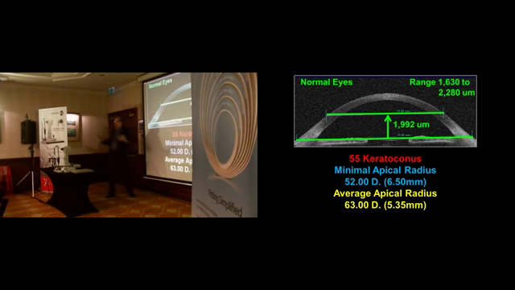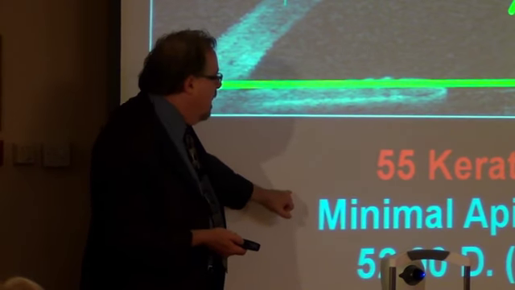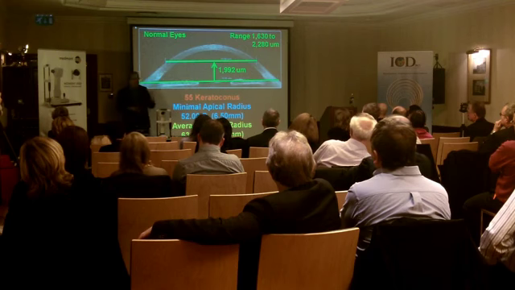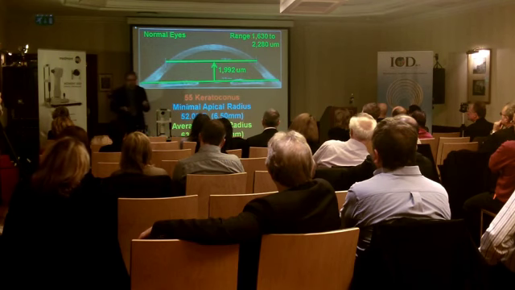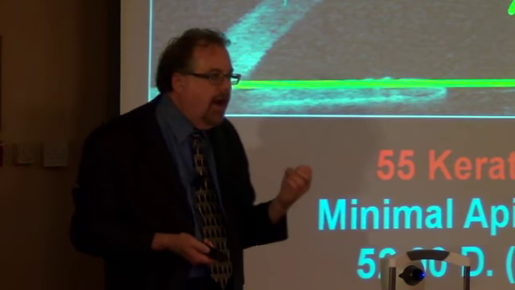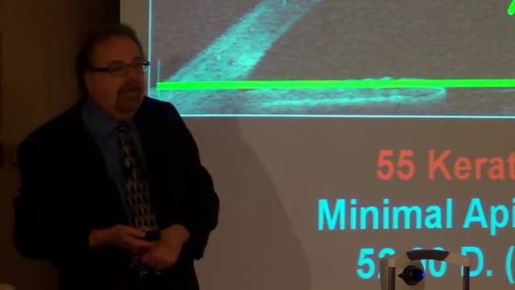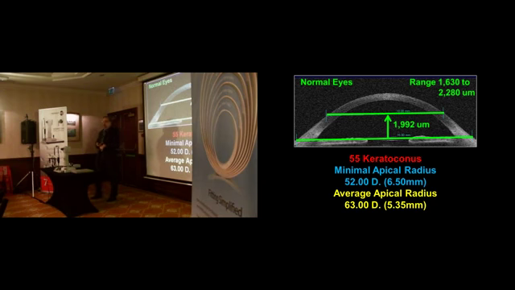To qualify for this study, you had to have a minimal apical radius of 650. The average apical radius of the 55 eyes in our study was 5.35 millimeters. So these were not early keratoconus.